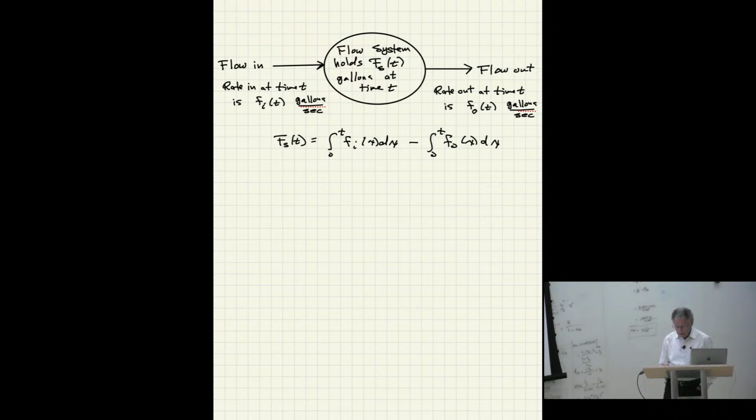At any point in time, this system contains gallons, which we denote by capital F sub s of t. And we quickly wrote down last time this equation that the amount that's accumulated is the amount that came in from 0 to t, assuming it was empty at 0, less the amount that's left by time t.